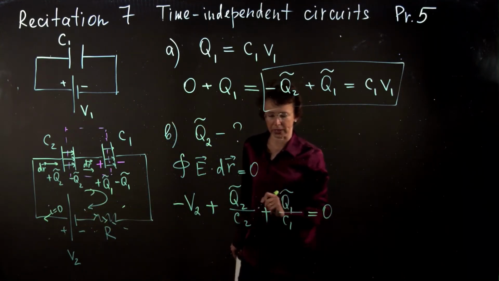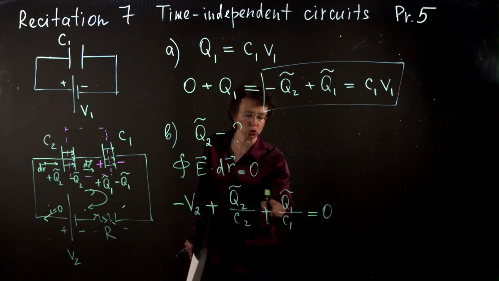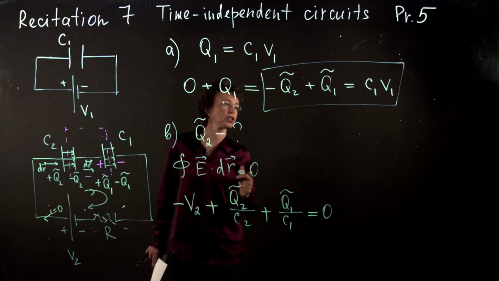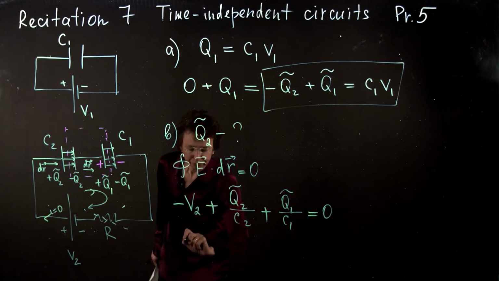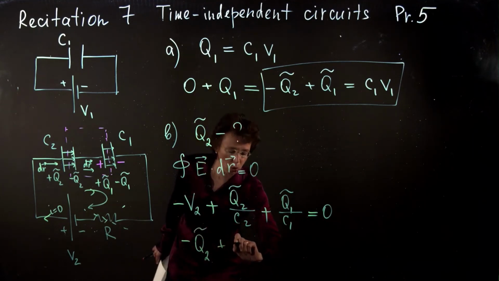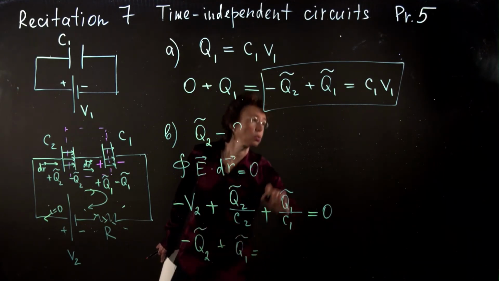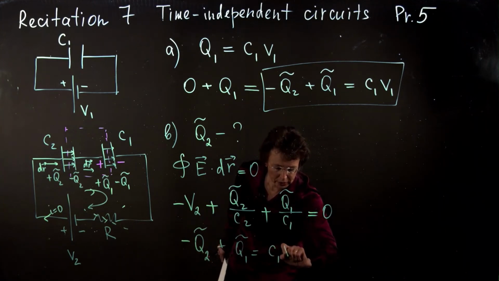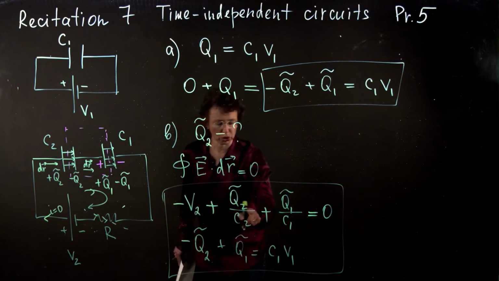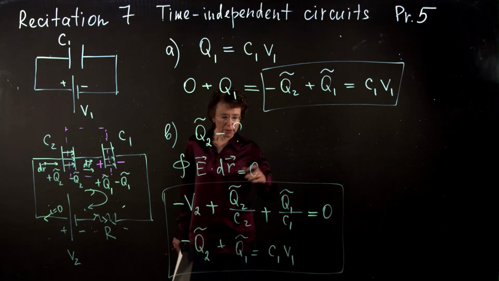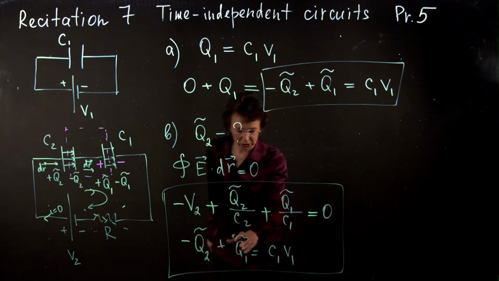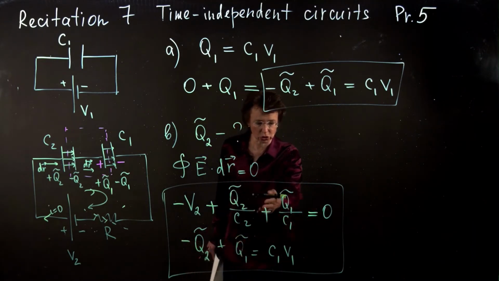This is 0. I have one equation and two unknowns, Q1 tilde and Q2 tilde. So I need one more equation. I will use conservation of charge. Minus Q2 tilde plus Q1 tilde is equal to C1 V1. And now I have a system of two equations and two unknown variables, Q1 tilde and Q2 tilde. So we need to get rid of one of these charges and solve for the other.